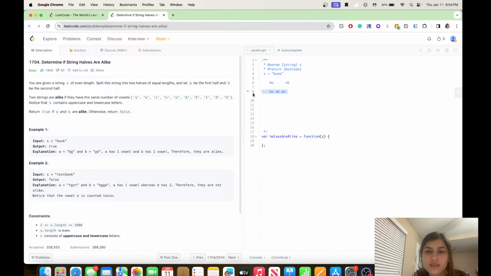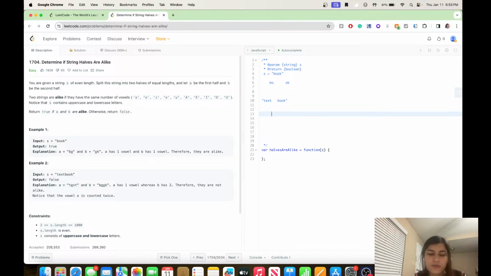Okay, then it should be easy, isn't it? Suppose it is textbook, then 1, 2, 3, 4, 5, 6, 7, 8. So length is 8, and I will just count the first 4. How many vowels are here? How many vowels are there? If the counts are the same, then I'll return true, otherwise false.